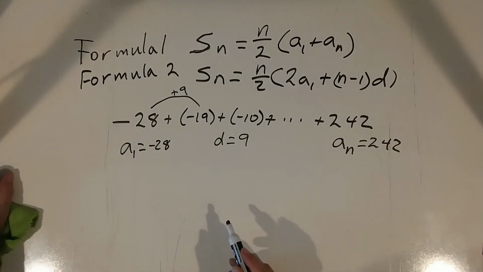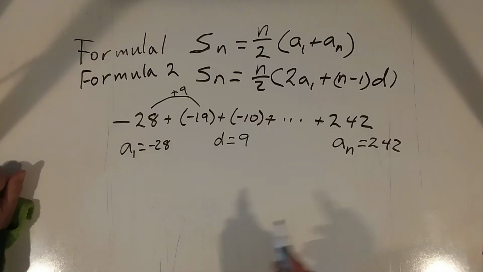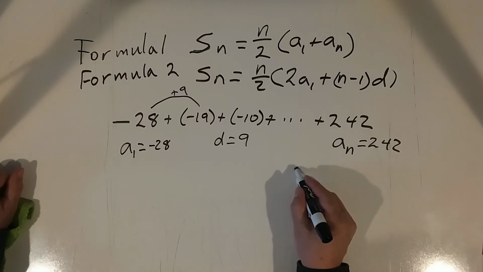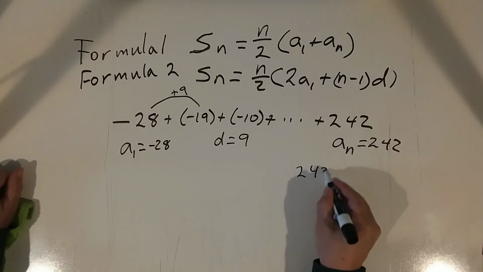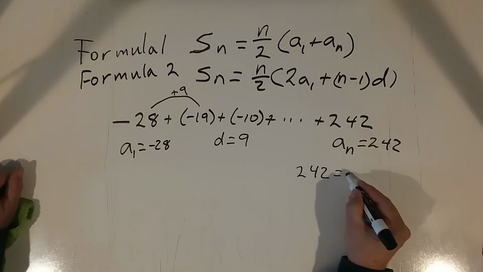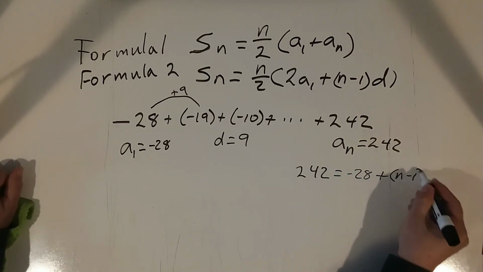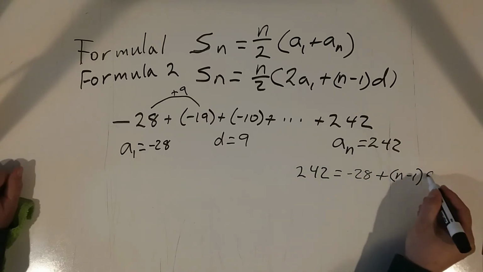But I don't know what n is, and I need to find n. So to find n, I'm going to use the fact that the last term, 242, is equal to the first term, negative 28, plus n minus 1 times the common difference, which is 9.